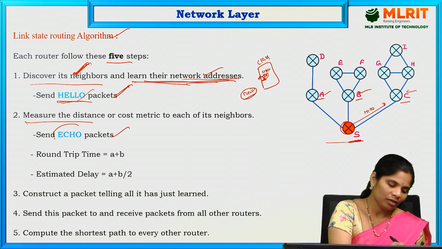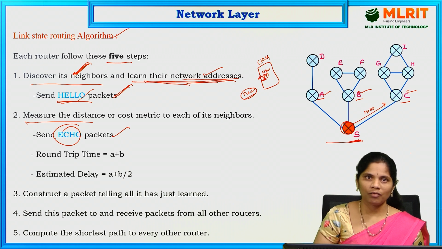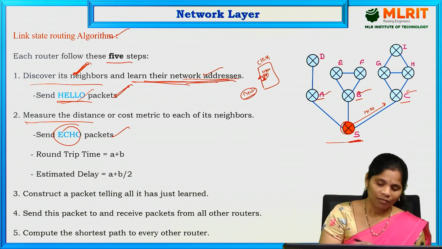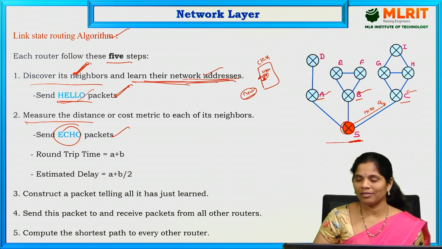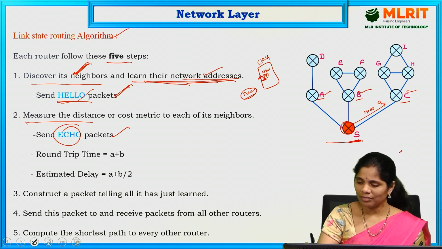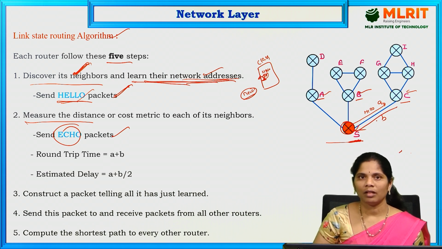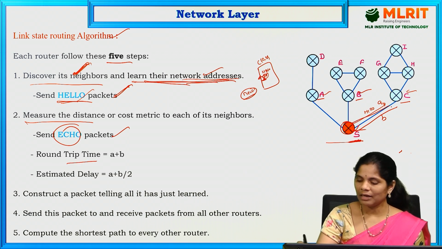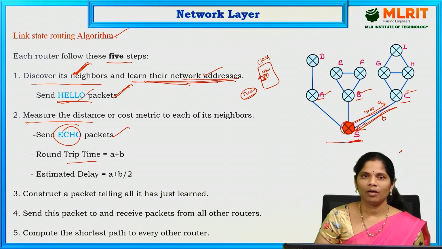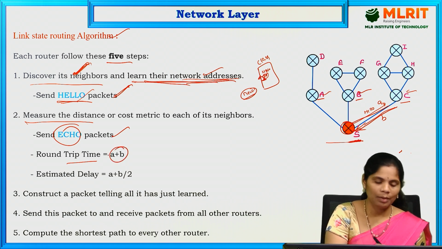Suppose I send some information from S to C; that takes time A. From C to S also there is a distance, for giving the reply, that is B. The round trip time is the total of sending and receiving, that is A plus B. That is called the round trip time.